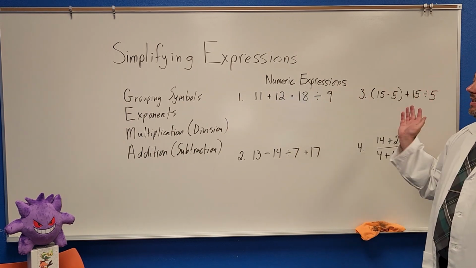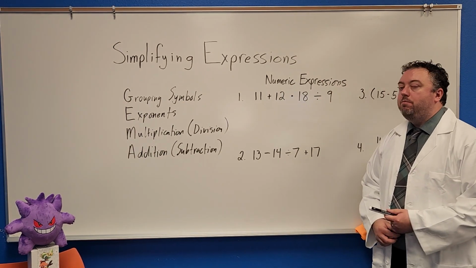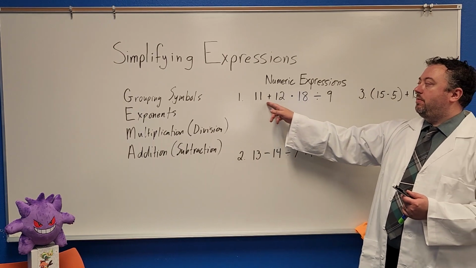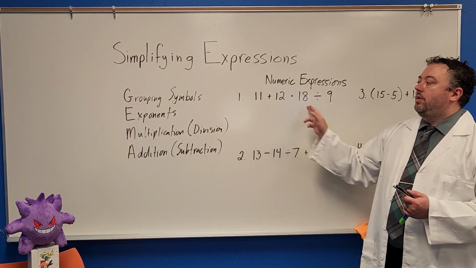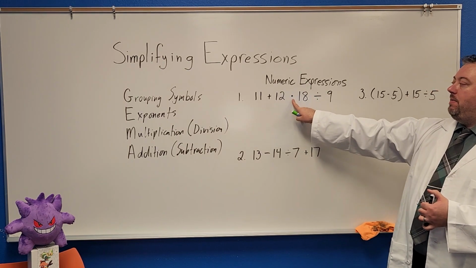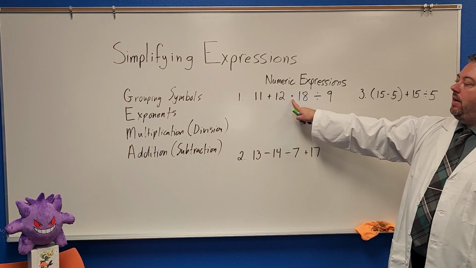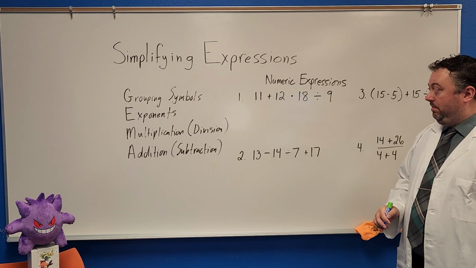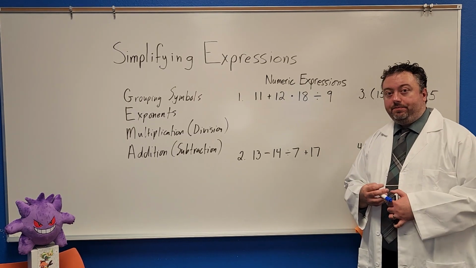Now let's take a look at some examples over here for simplifying numeric expressions. Notice these expressions have only numbers, so they are numeric expressions. As we look at this, some of you may be wondering what's going on with this dot right here. This dot stands for multiplication.